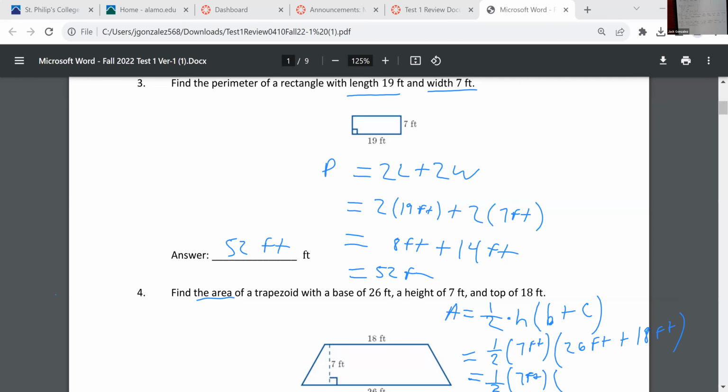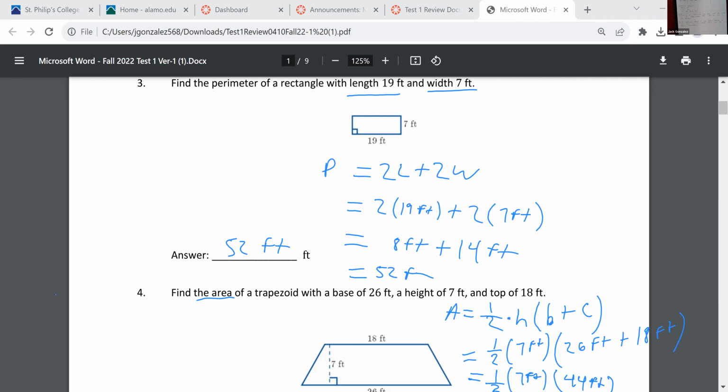That's 44. Whatever that is, feet squared. You guys get the answer? What's the first? 44 times 7 times a half.